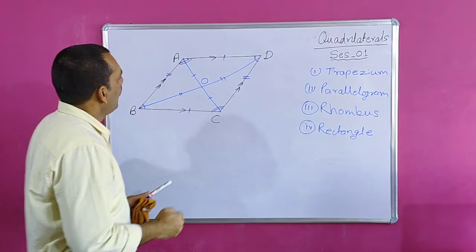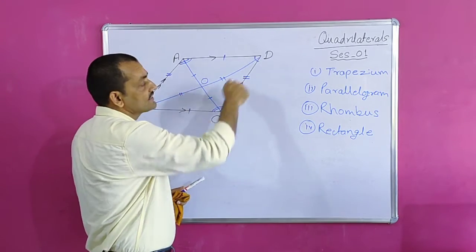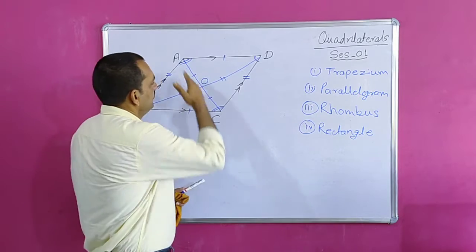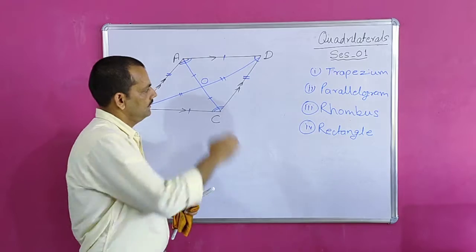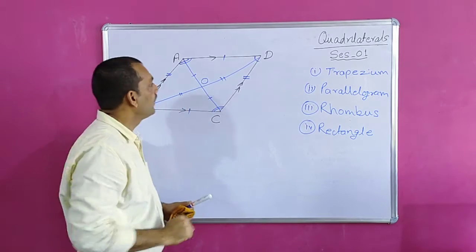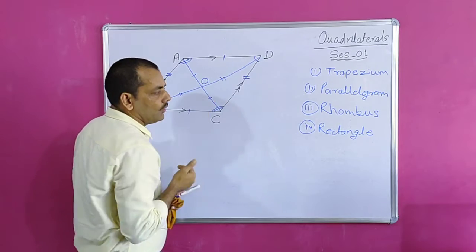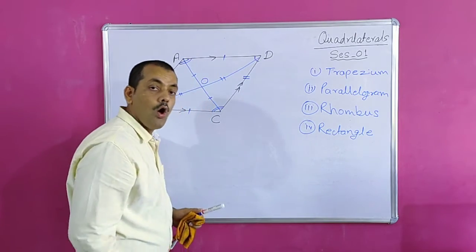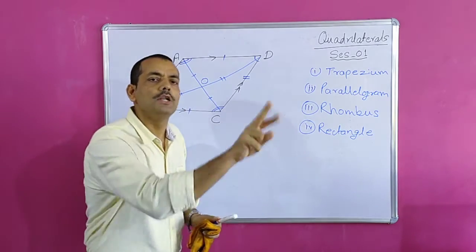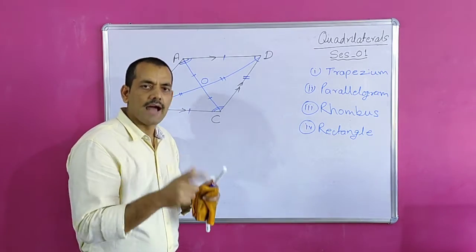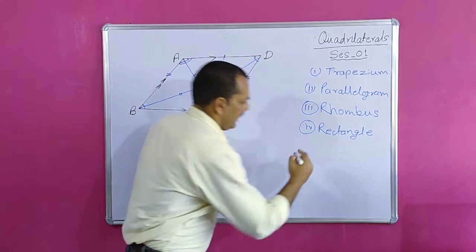Fifth, adjacent sides equal, so automatically all sides equal, and diagonals are perpendicular to each other. This is a case of a rhombus. If diagonals are equal, it's a case of a rectangle. What if diagonals are equal also, perpendicular also? If the diagonals are equal and perpendicular, then it is a square.